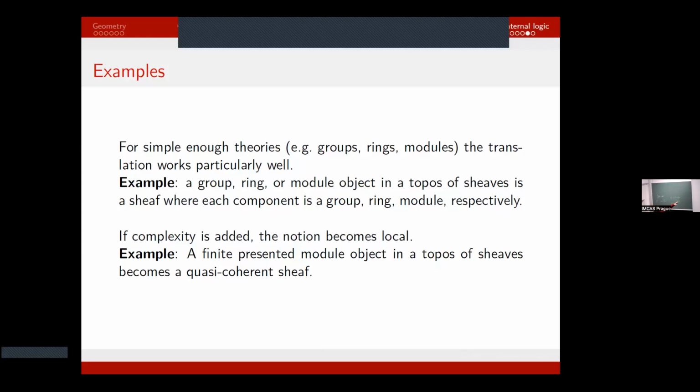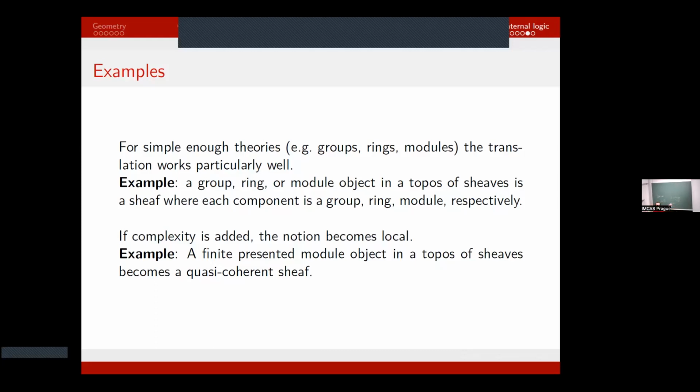That's what my question was, if you could change Set for another. Yeah, that's exactly what the last page wanted to say. Basically, I'm working in the topos Sh(C, J), using the internal logic, I say what it means to be a group. Turns out that what it means to be a group is exactly that this sheaf factors through the category of groups, through the forgetful functor.